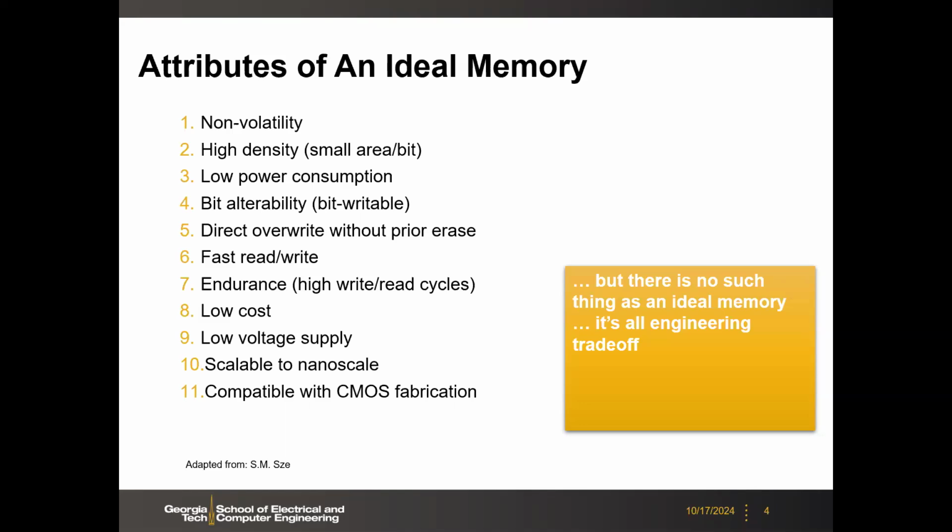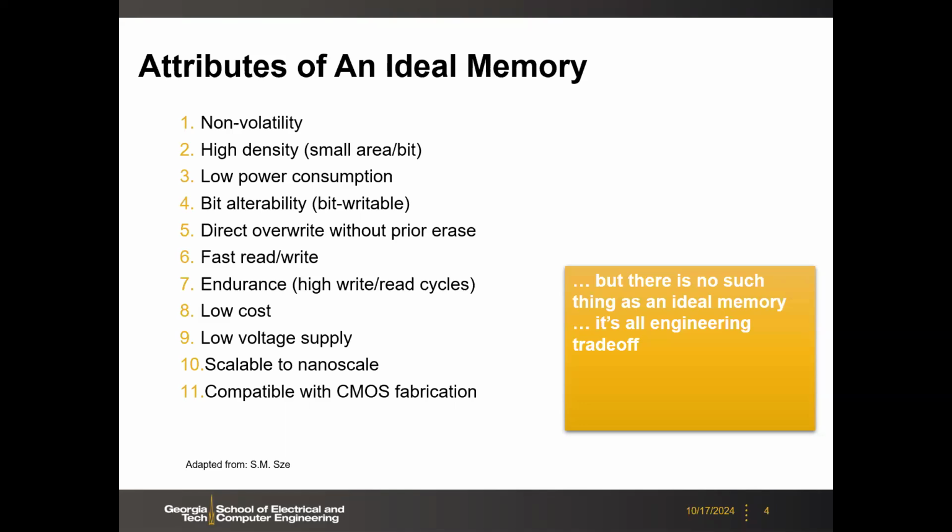So you need the non-volatility, ideally, and high density, low power, and bit addressable, writable, and then fast speed, high endurance, and low cost, compatible to the CMOS, and so on. So this is a wish list.